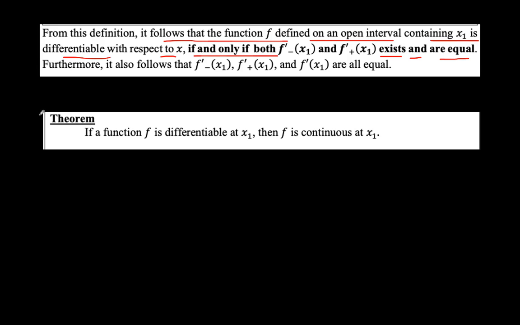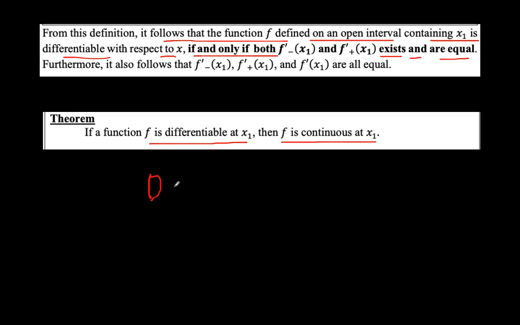And another thing we could use to show that a certain function is continuous and differentiable is this theorem. It says, if a function f is differentiable at x sub 1, then f is continuous at x sub 1. Which means, class, for us to determine that a function is continuous, we can show first that it is differentiable, okay?